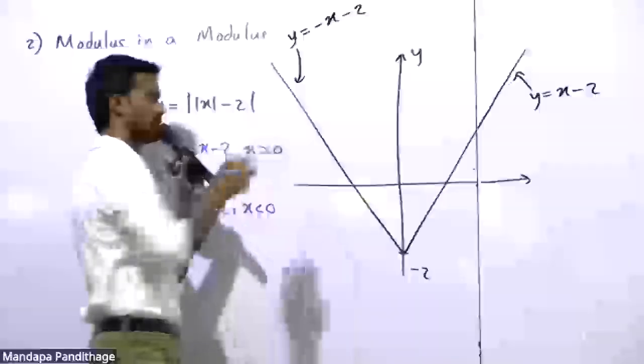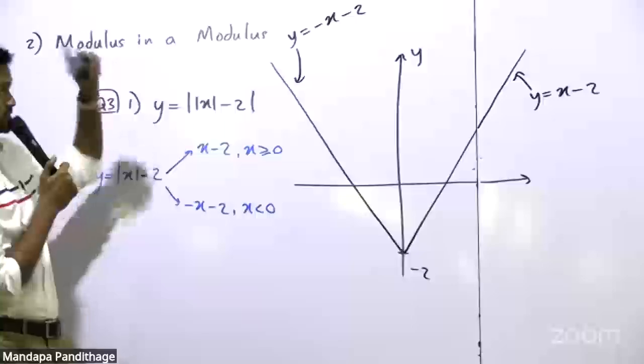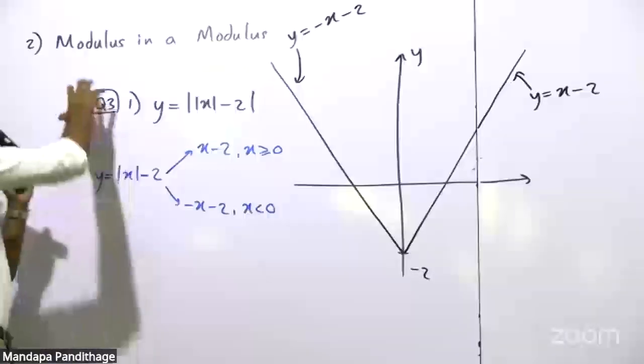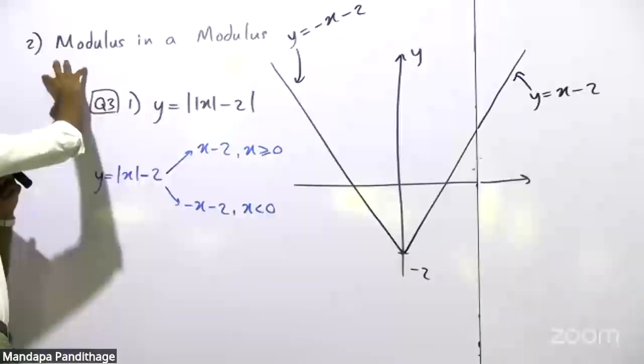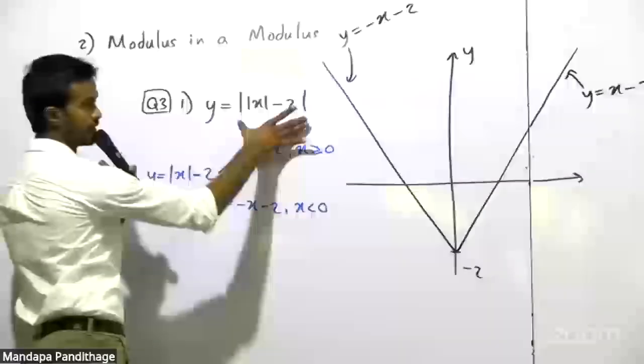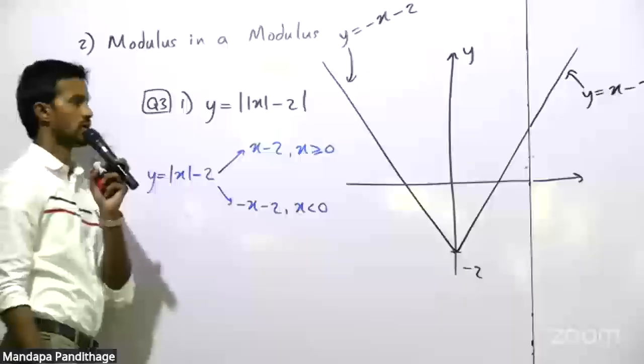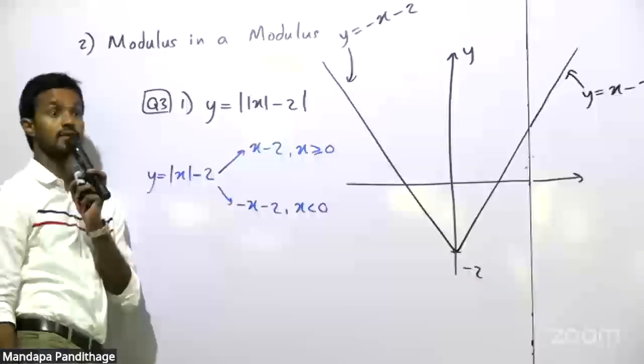Now listen. We are inside question number 2, the special modulus functions. Now I'm referring to a function where we got a modulus inside a modulus. How am I going to sketch the graph of this now?